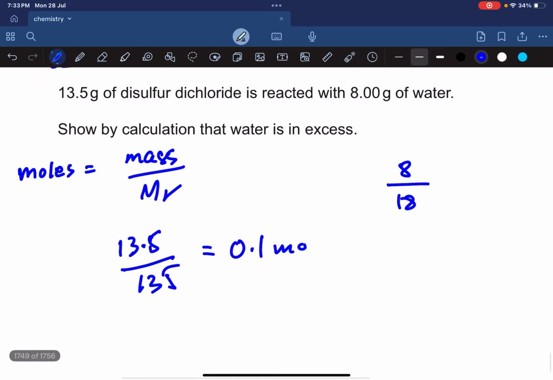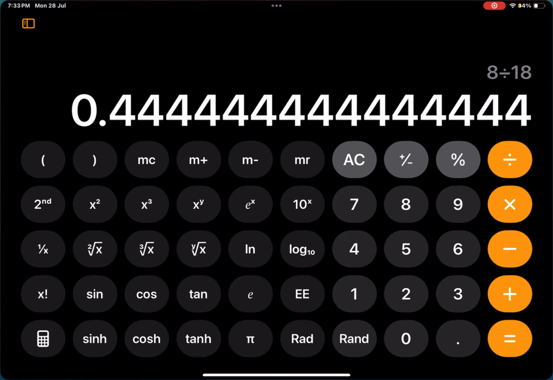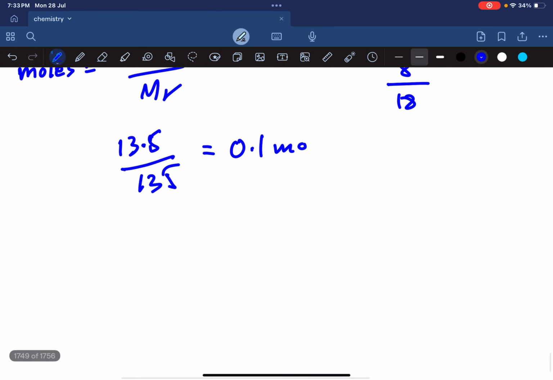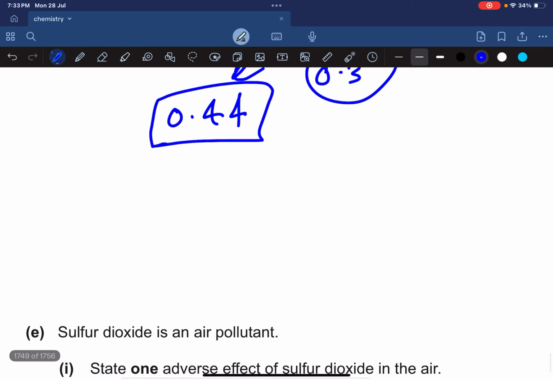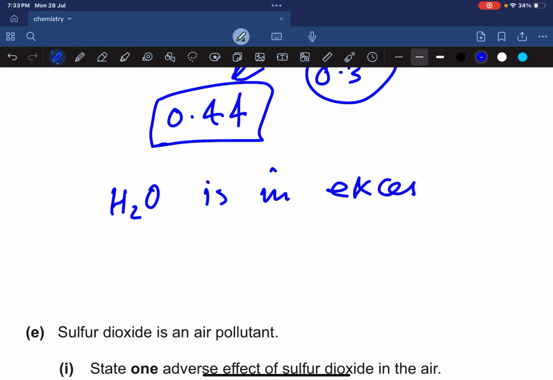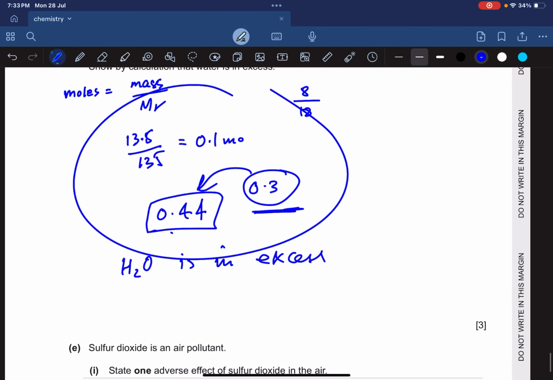So 8 divided by 18, I get 0.444 moles. I only needed 0.3 moles, but I have 0.44. That means my water, which is H2O, is in excess, and I need to show all this working, and tell that I needed 0.3 moles, but I have 0.44, which means H2O is in excess.